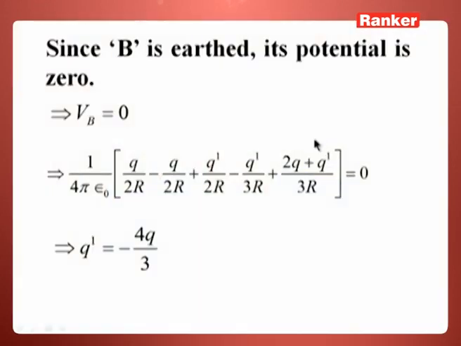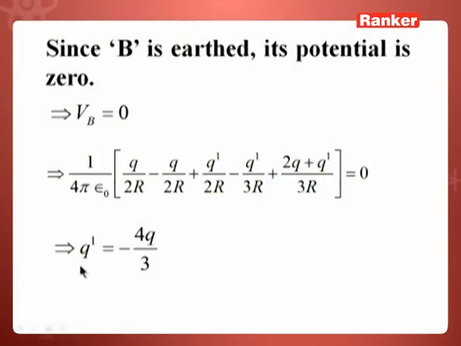This total is going to be 0 because VB should be 0 when it is earthed. Then what should be the value of Q dash is the question. If you simplify this total, you get Q dash is equal to minus 4Q by 3. This is the formula for calculating the potential on the surface of B.